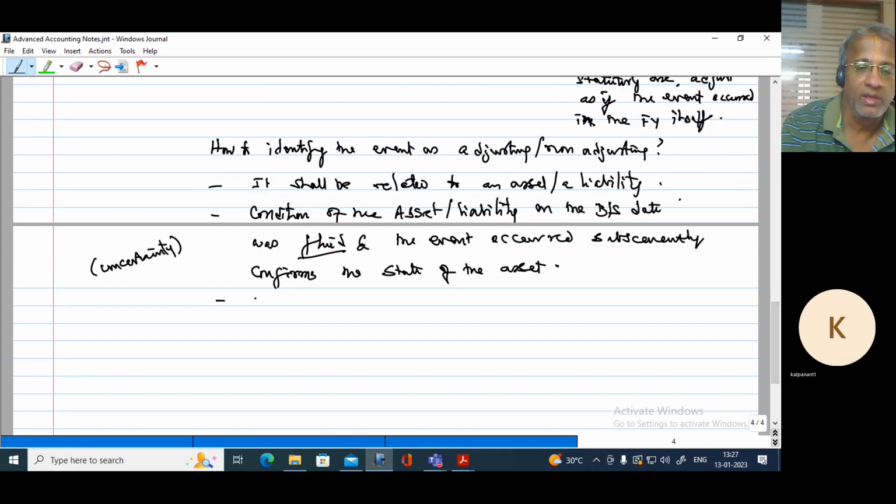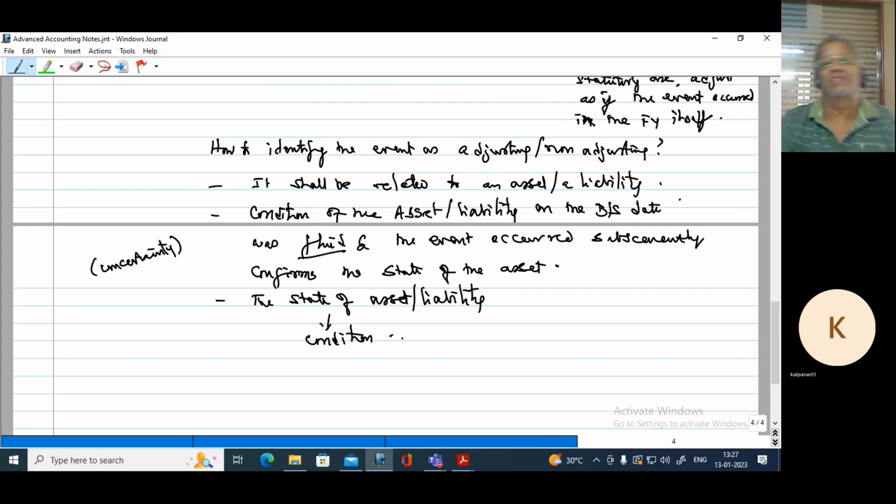So the state of the asset or liability is what we call the condition. What is the condition of the leader? The condition of the leader admitted in the hospital is dangerous but stable, is what they say.